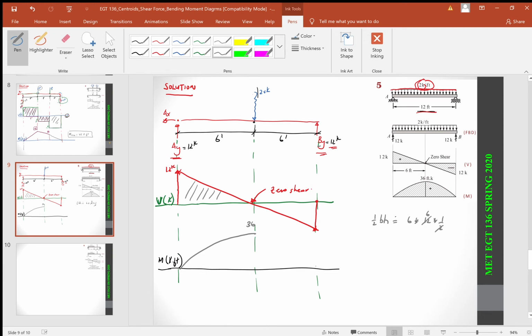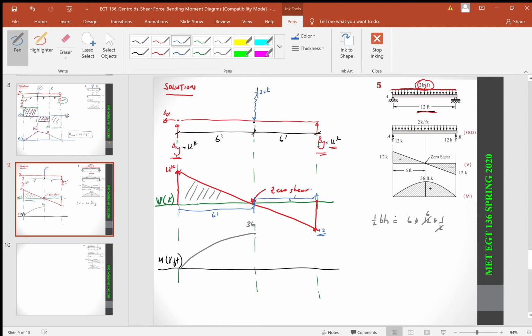And again, this distance right here is 6 feet, and this distance right here is 6 feet. And this is also 12, as we know. Here to here is 12, and here's another 12, makes it 24.